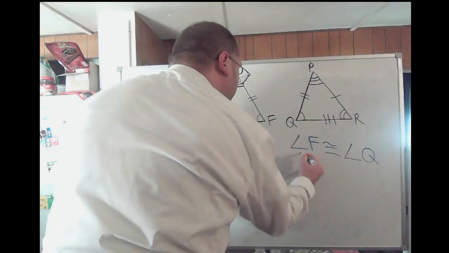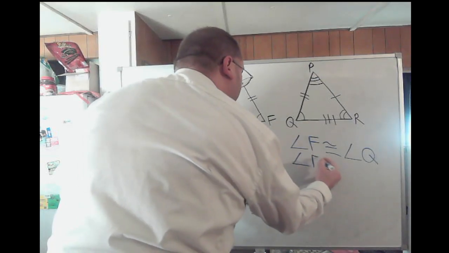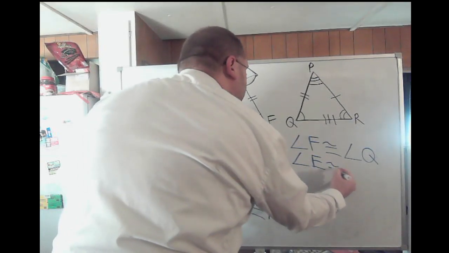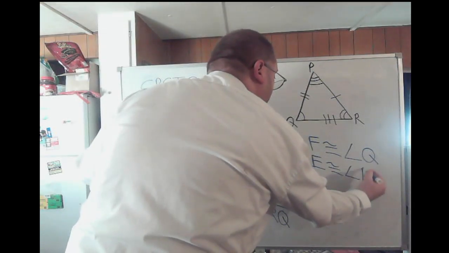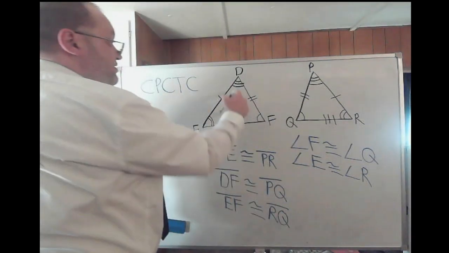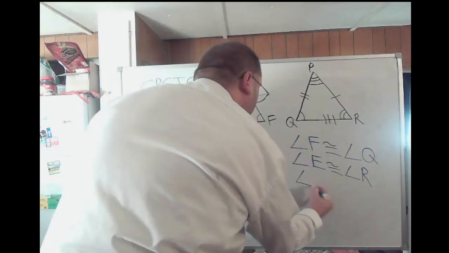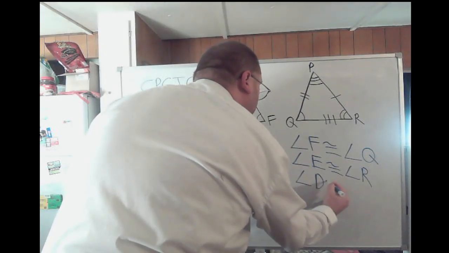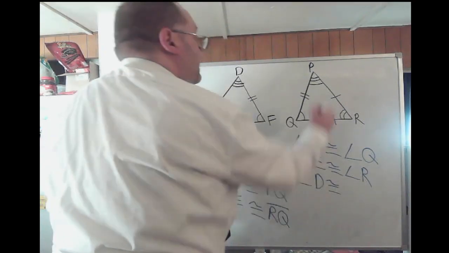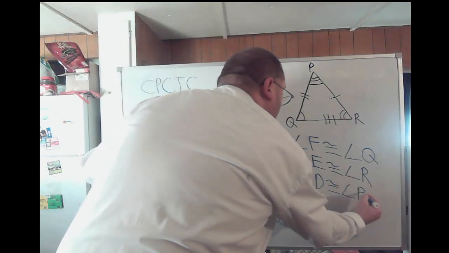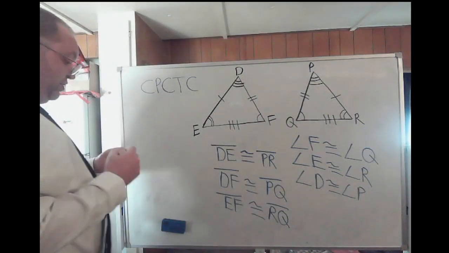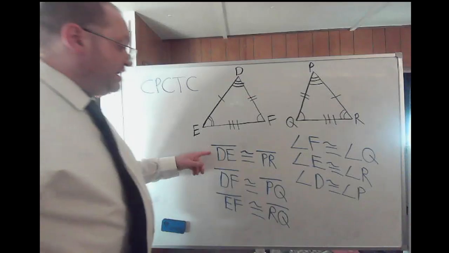So angle E on the first triangle is congruent to angle R on the second triangle. And then we have the 3 arcs. Well, you got angle D is congruent to angle P on the second triangle.